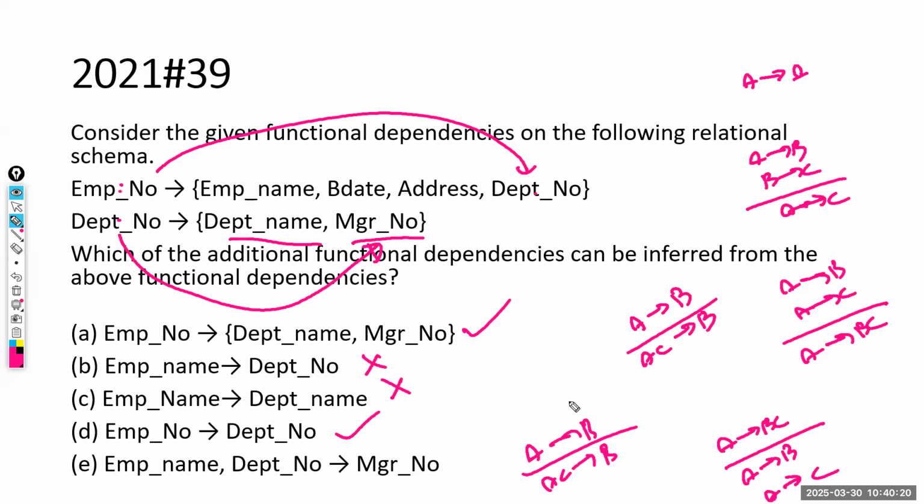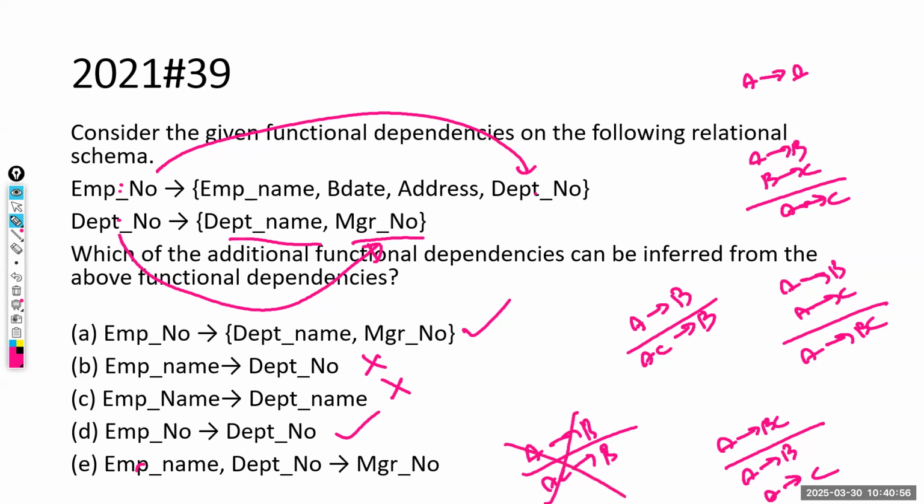If A determines B, but anyway, employee name is there. But anyway, department number determines manager number, right? So it looks correct, but there's no axiom like that, right? If A determines B, but there's no such thing.